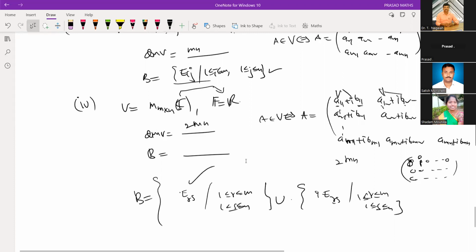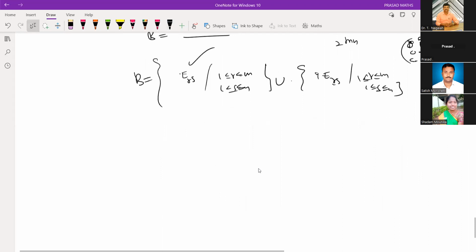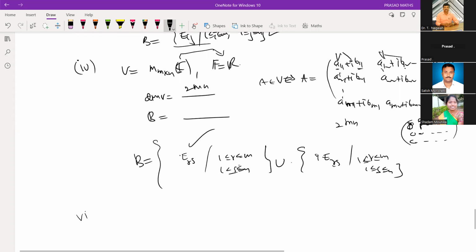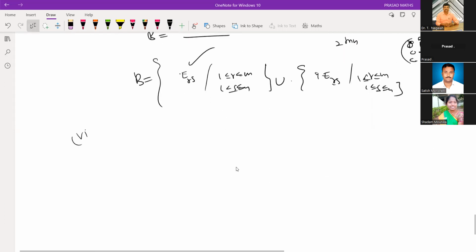Okay, again you can have restrictions. Next, restriction problems. These are the basic problems. Next is restrictions.